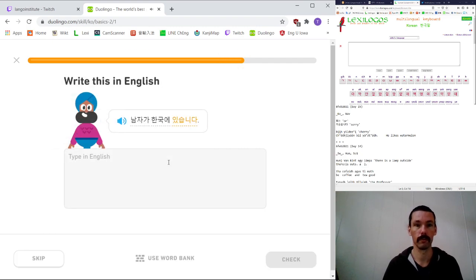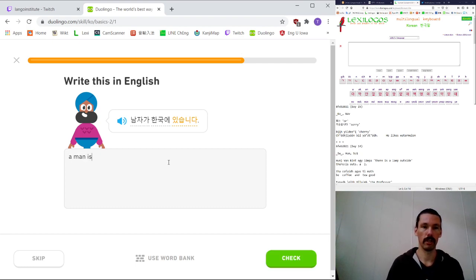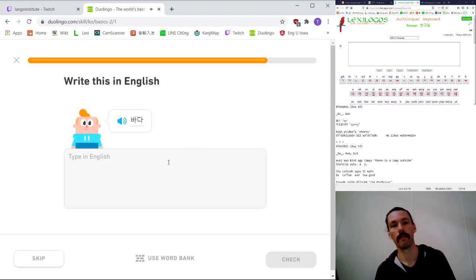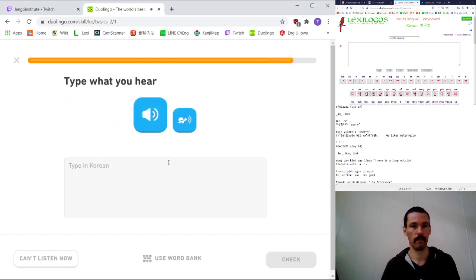Any of those. 남자가 한국에 있습니다. 남자가 한국에, similar sentence. A man is in Korea. But this one, 있습니다. The verb 있다 is the opposite. To be present, to be in a place. In Korea. 한국에. 바다. 남자가 한국에 있습니다. 한국에 is present there.